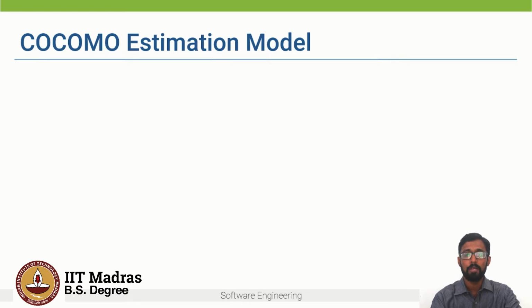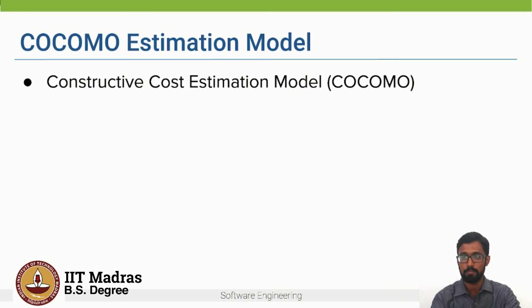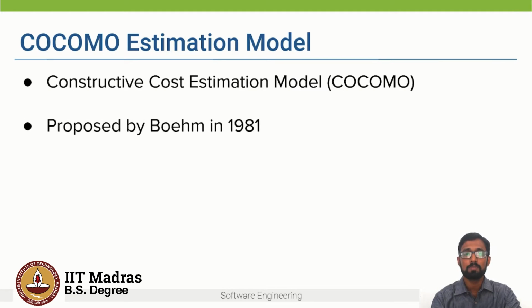So a popular model which has been used to estimate effort is known as the constructive cost estimation model, or the COCOMO model. This model was proposed by Boehm in 1981.